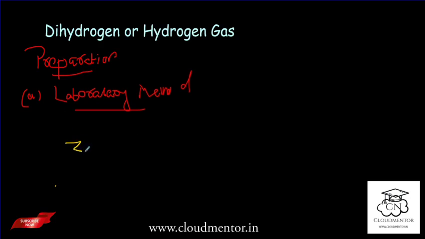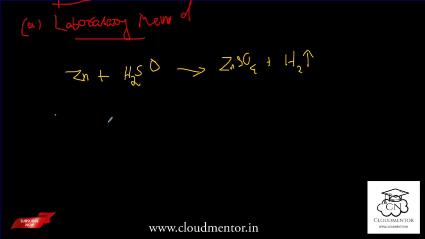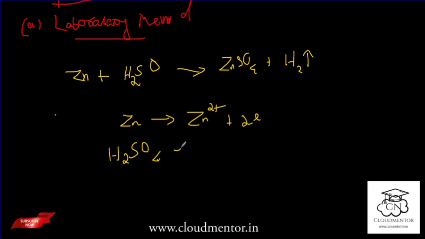Let's take zinc, and it reacts with dilute sulfuric acid, and it gives zinc sulfate along with hydrogen gas. The actual changes that take place here: zinc is oxidized to Zn2+, and H2SO4 splits into H+ ion and HSO4-.